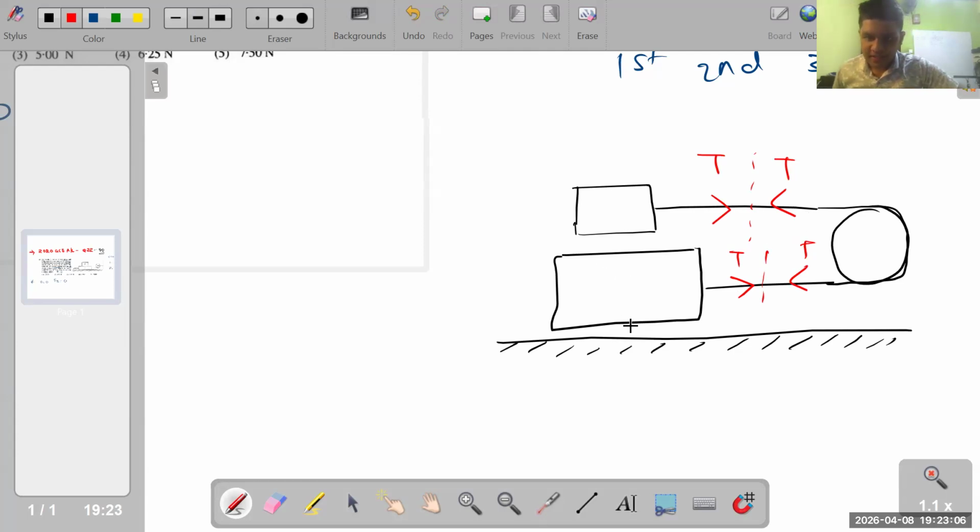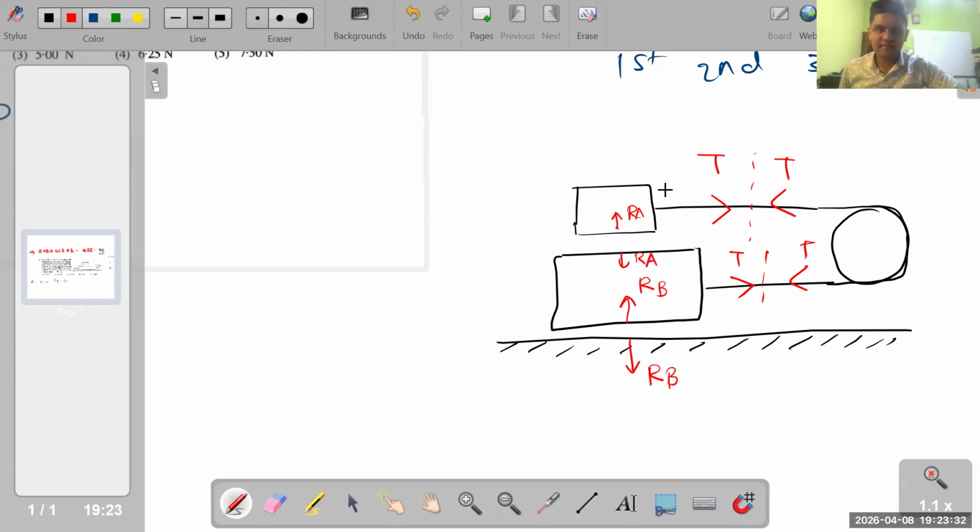Here there would be a reaction force, I'll take this as RB, exerted by the weight on the floor. Similarly, here also there would be a reaction force which is Ra, exerted on the bottom weight also, right?